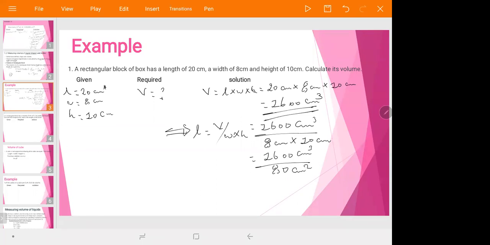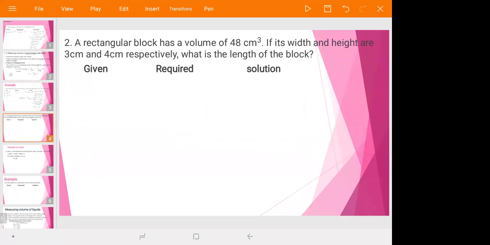Centimeter square cancels with centimeter square, leaving one centimeter. Zero cancelled by zero. 160 divided by 8 is 20. Have you seen? Our answer is correct. So you can prove the others again if you want.